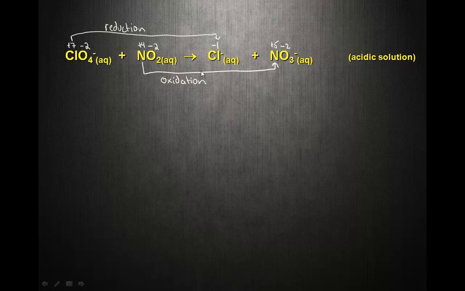Okay, now we're going to balance this reaction, but we're going to balance each side separately. I guess side is the wrong word. We're going to balance the reduction half and the oxidation half independently. So if you look in your notes, there was a very simple one at the top of the page.